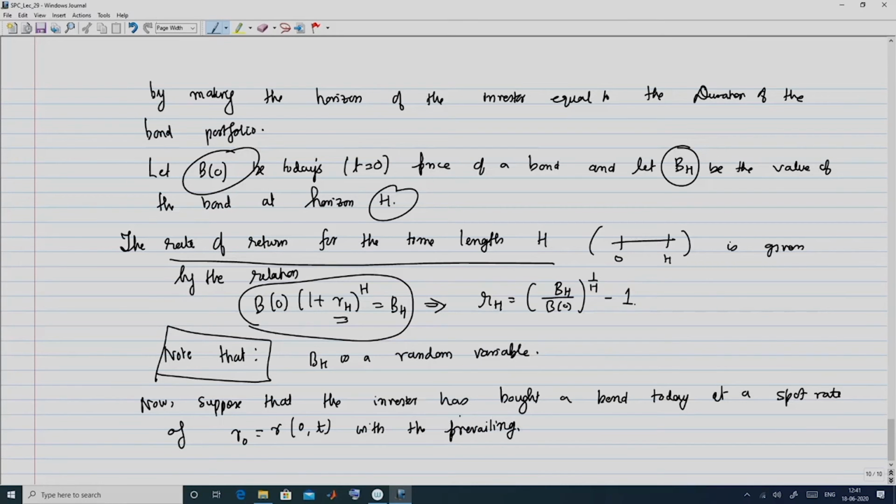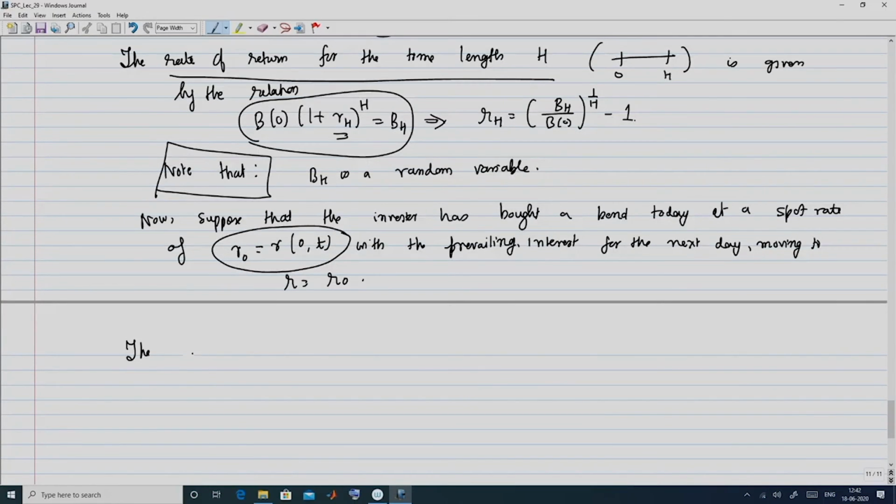So, at the time of purchase of the bond, the interest rate was R naught, and consequent to that the prevailing interest rate for the next day has moved to some R which is different from R naught.